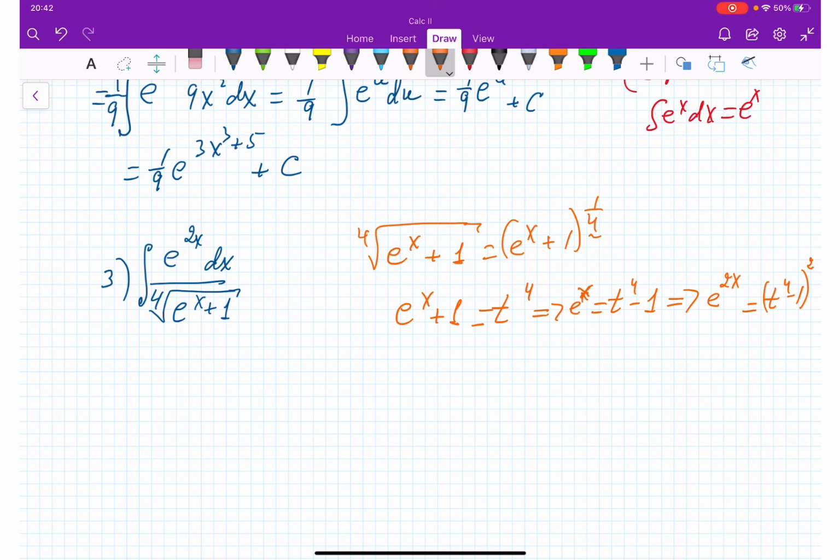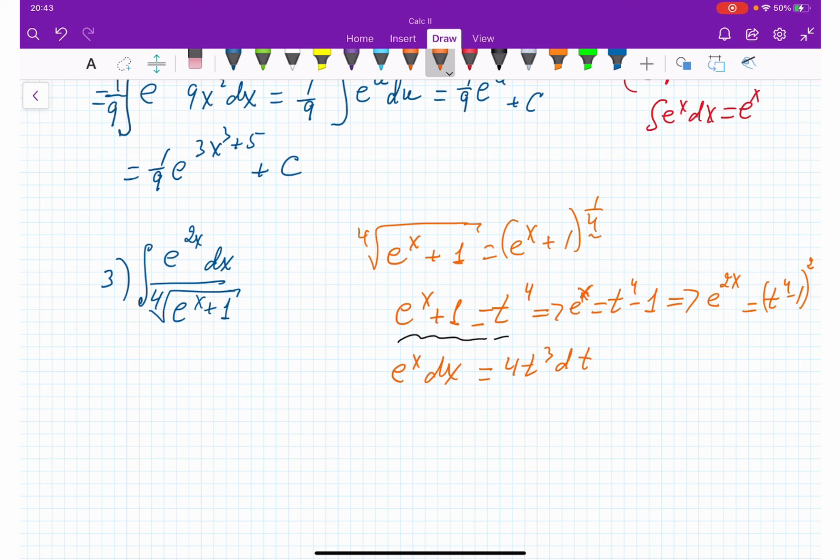Now, since we have e to power x plus 1 equal to t to power 4, we never had such a substitution before. We have an expression on the left side and on the right side, and also we have a degree. Therefore, on the left side we take the derivative by x, on the right side we take the derivative by t. And what is going to happen? We are going to get e to power x dx, right? And t to power 4 is going to be 4t to power 3 dt.